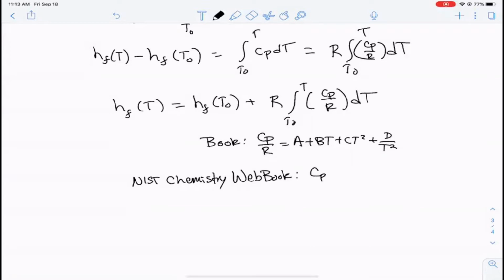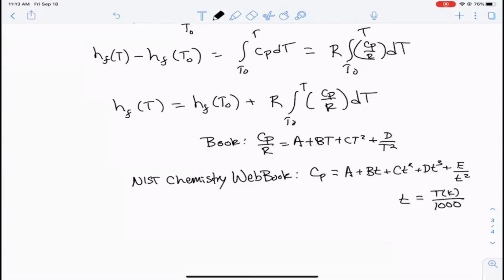But for them, their heat capacity equation, as they say, Cp is just equal to A plus B times T plus CT squared plus DT cubed plus E divided by T squared. And that T is not time, so that T is equal to the temperature in Kelvin divided by 1,000.